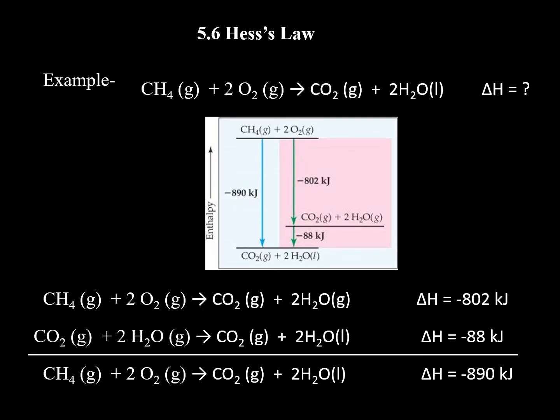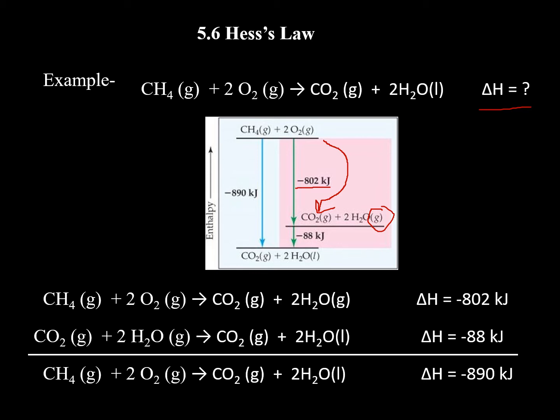So here's an example where we have methane plus O2 giving us CO2 plus H2O. We were not able to figure out the enthalpy change. However, we were able to determine the intermediate steps going from CH4 plus 2O2, giving us CO2 and H2O gas. This value was negative 802.